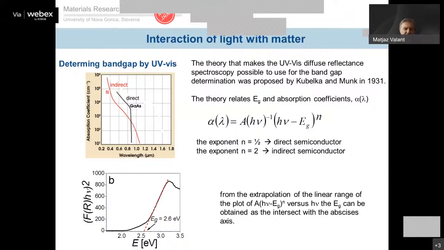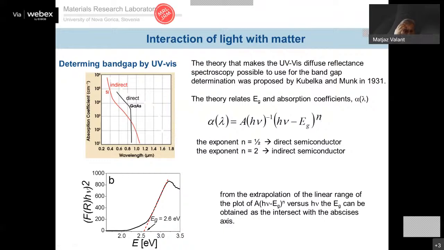Now, what is the process to determine the type of the band gap? First of all, we measure the UV-vis absorption of the system, and when we have it, we apply the so-called Kubelka-Munk equation to the measurements. This is the equation here with an exponent n.